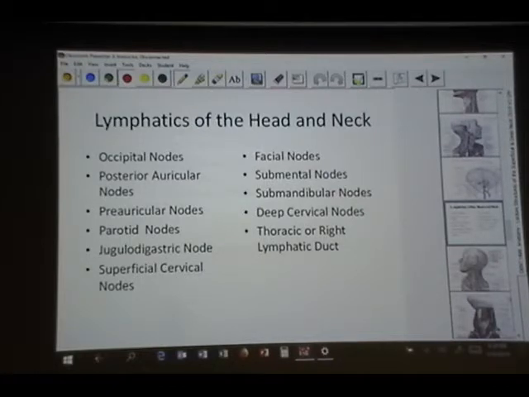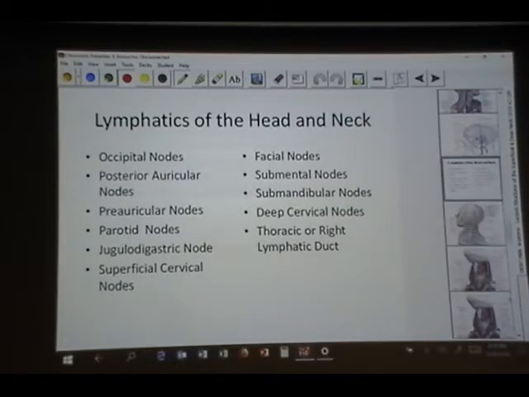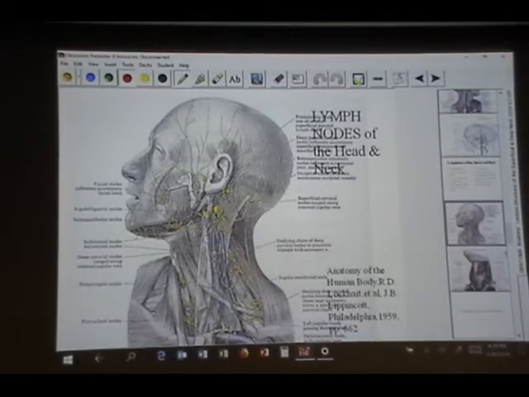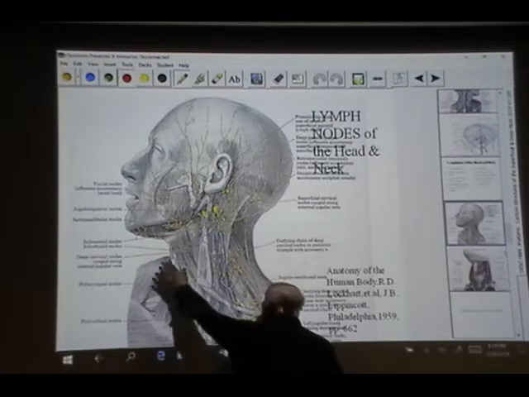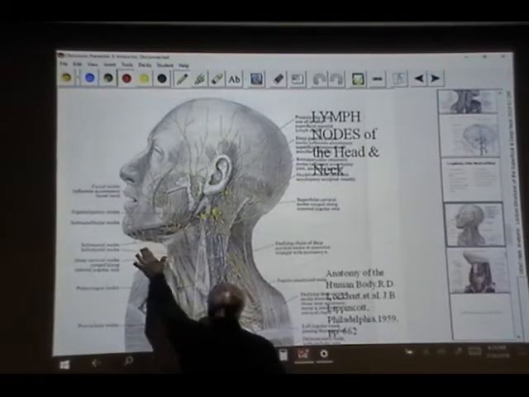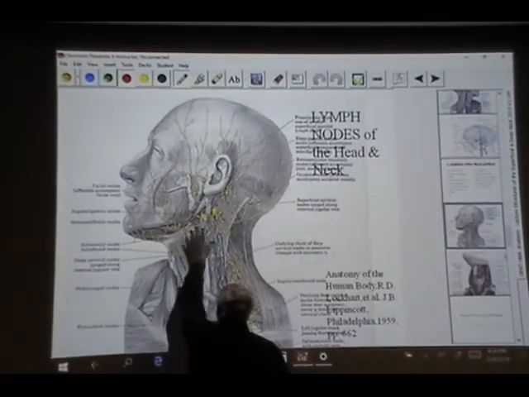So this is just one lymph node chart here. There are many. There's a guy who did a textbook on nothing but oral facial infections. His name is Topazian. If you want to spend $120, you can buy that book. Okay, but these are these lymph node chains. There are submental, submandibular. There are parotid.